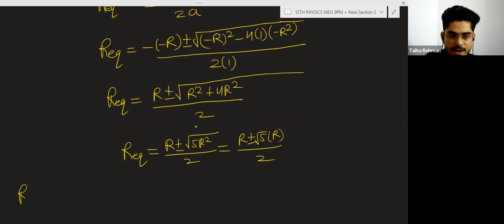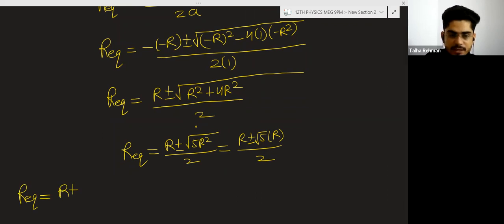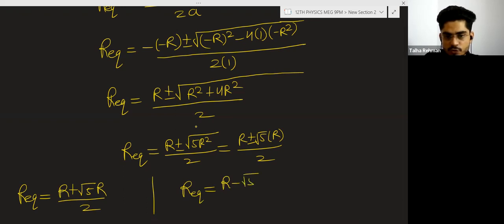So first you will take the plus sign, r equivalent equal to r plus root 5r divided by 2, then r equivalent equal to r minus root 5r divided by 2.